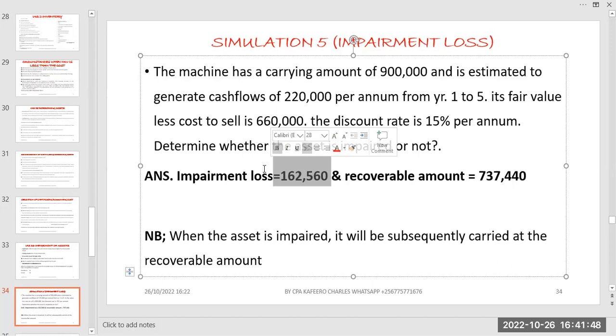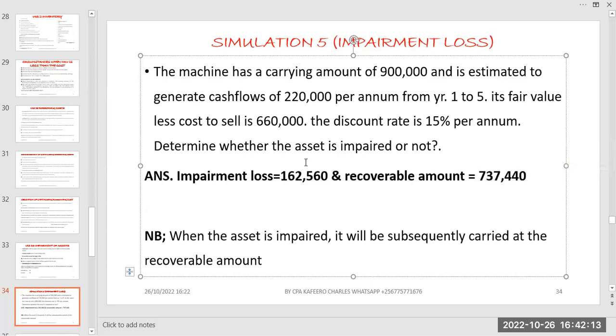But subsequently, when the asset is impaired, it will be carried at the recoverable amount, whether higher or lower. So even if the carrying amount was 900,000, we are going to record it in the balance sheet at 7 something, because it is our recoverable amount.